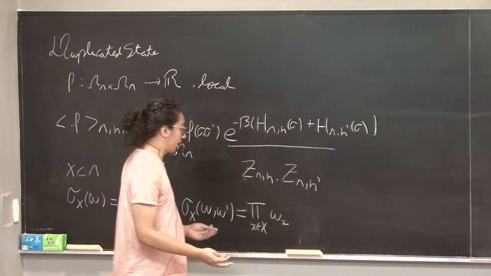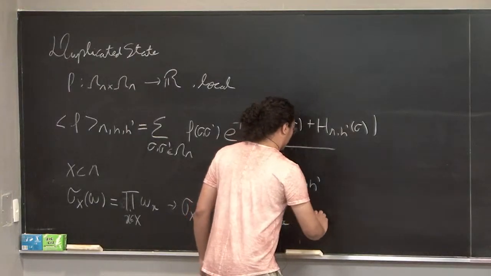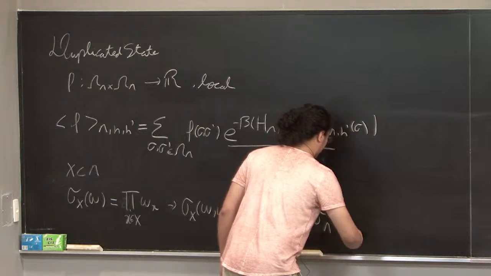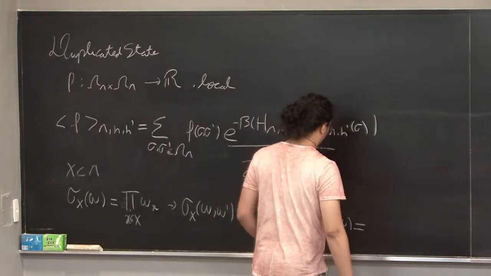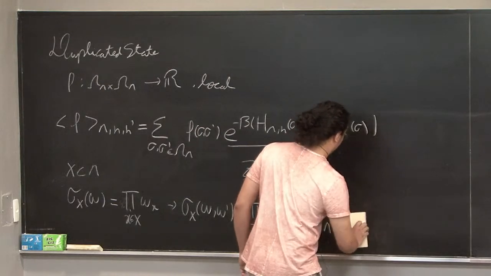Analogously, another very important local function is sigma prime of X, which is defined like this. You see, we are in the duplicated space.